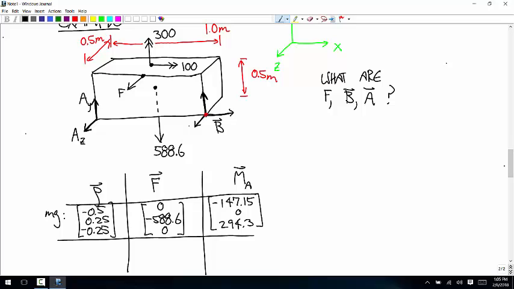Then the next force, let's do that force F. To get from B to where F is applied, we can go half a meter in the negative x direction, and then half a meter in the positive y direction, and we're there. So negative 0.5, positive 0.5, 0.